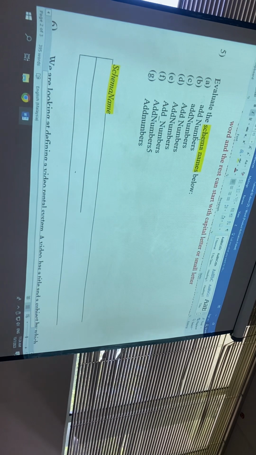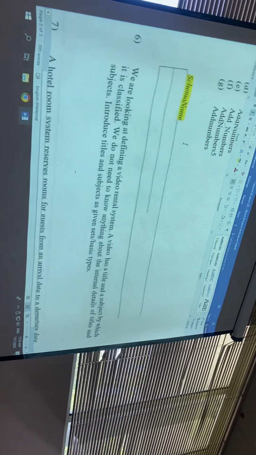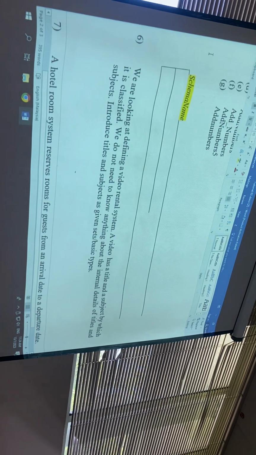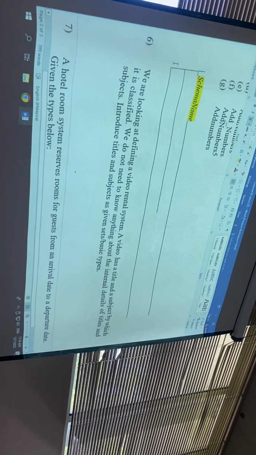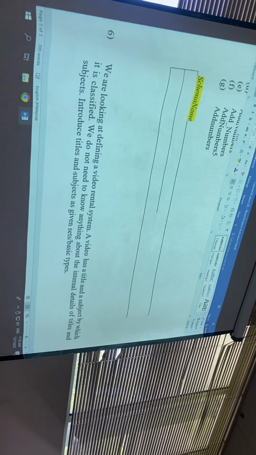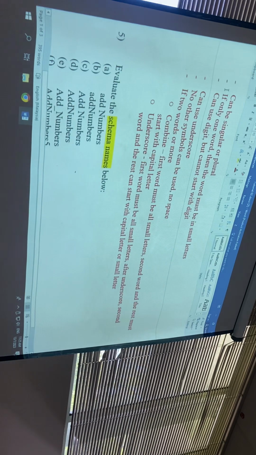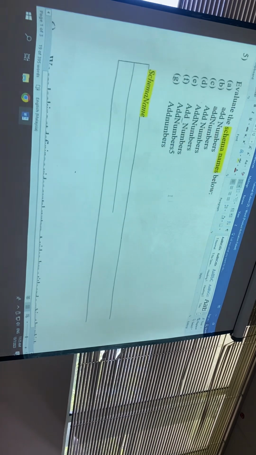The rules of the schema name will be similar to identifier, but a little bit stricter. For schema name, if one word, normally it can be singular or plural, no problem. I copy this one.